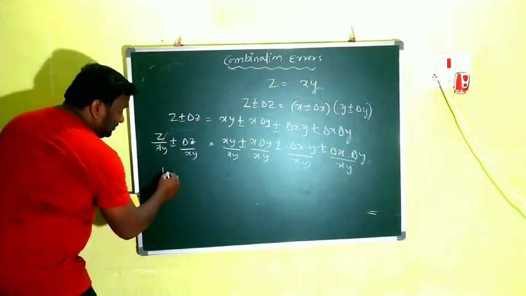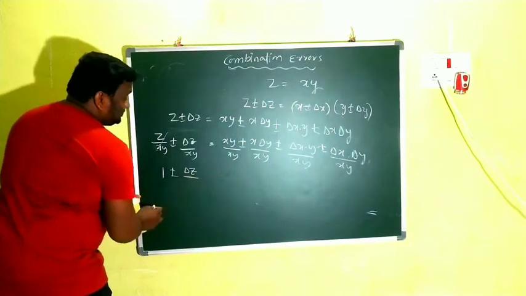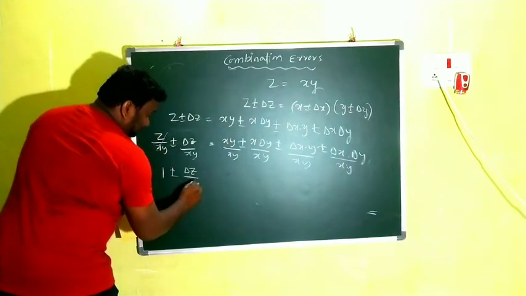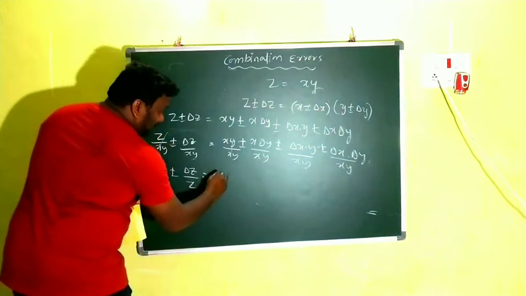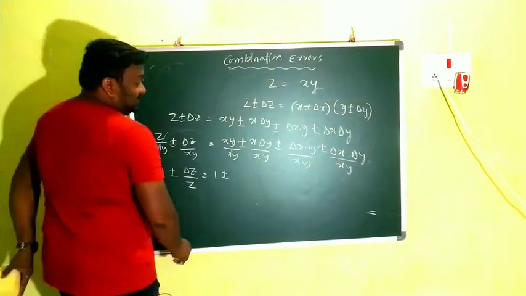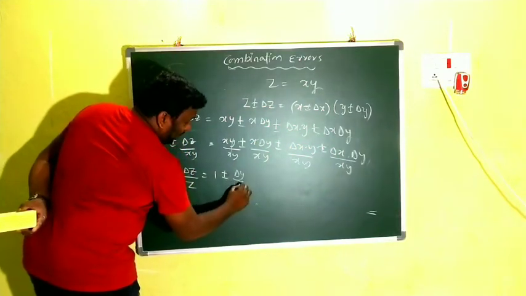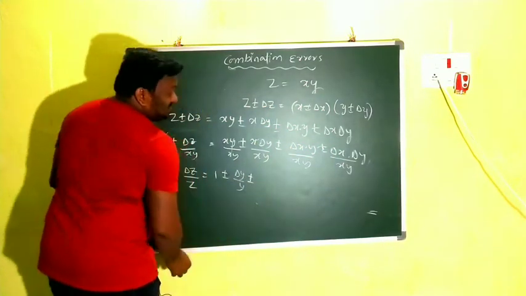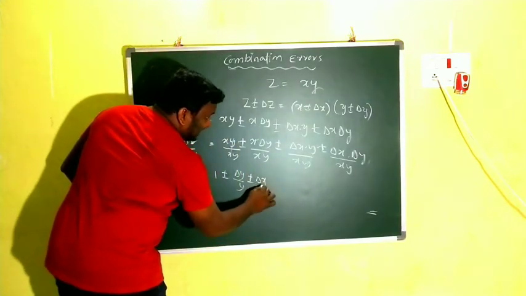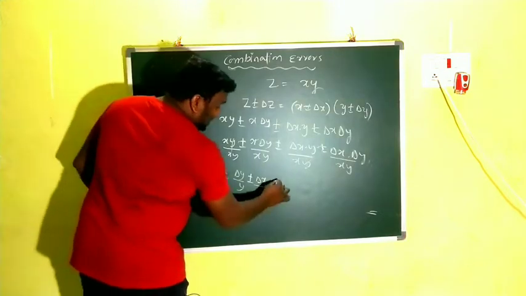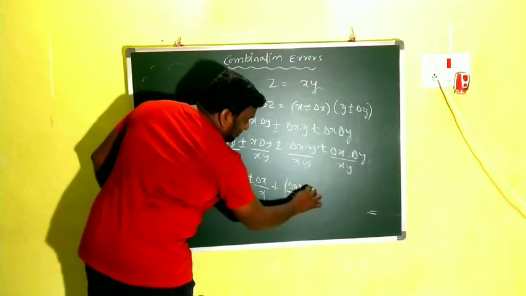Then what do you get? 1 plus or minus delta Z by Z is equal to 1 plus or minus, here X cancels, delta Y by Y, plus or minus, here Y cancels, delta X by X, plus or minus delta X by X into delta Y by Y.